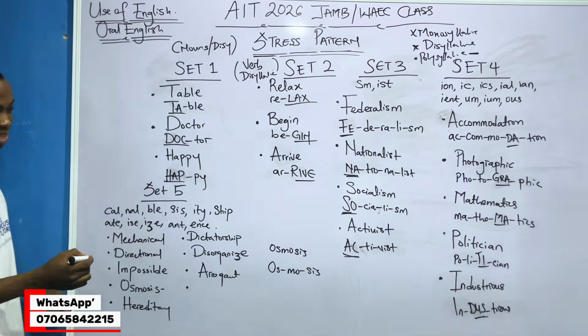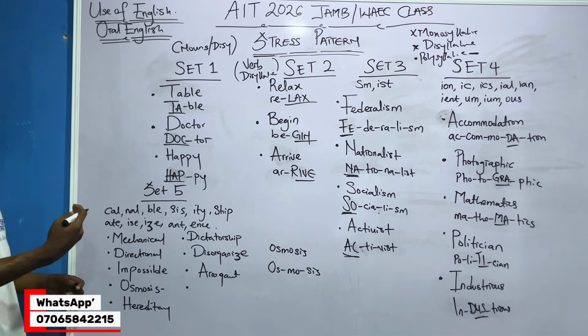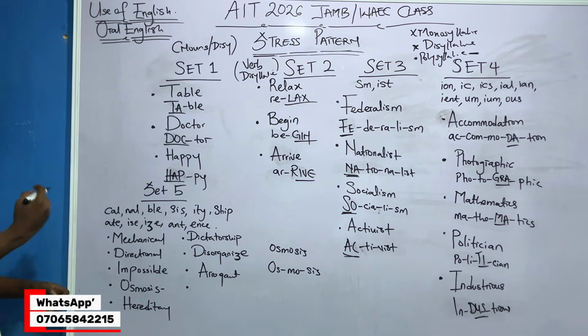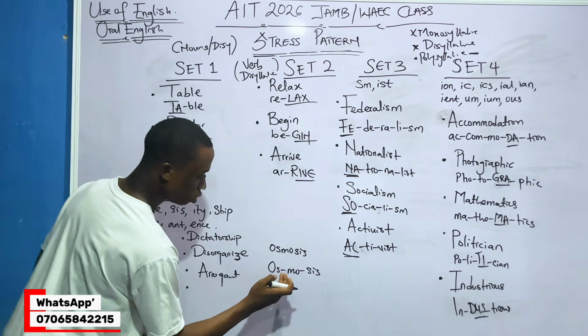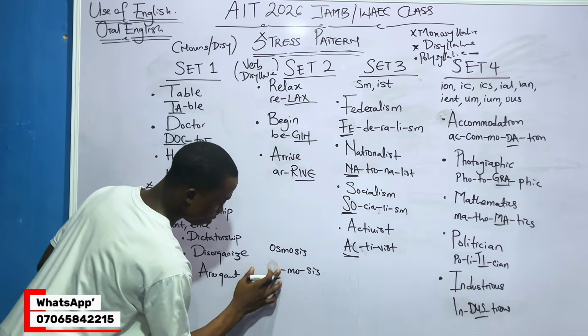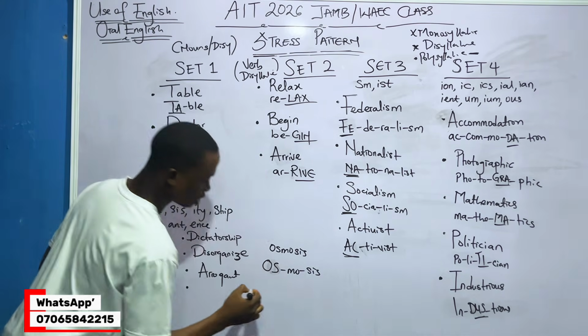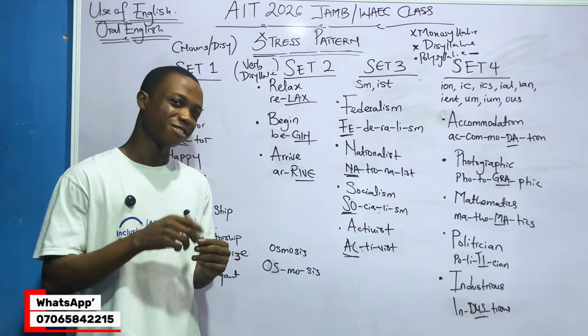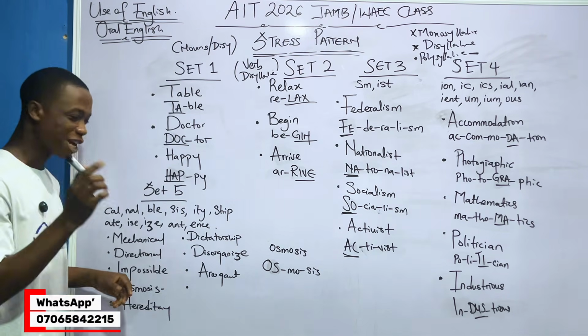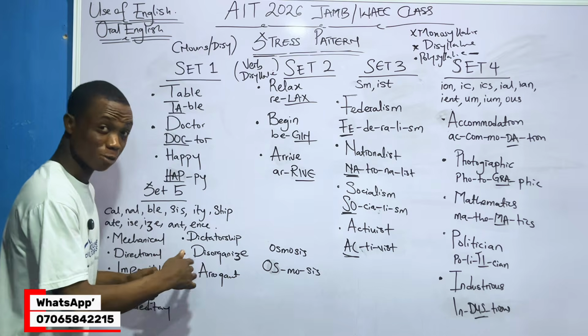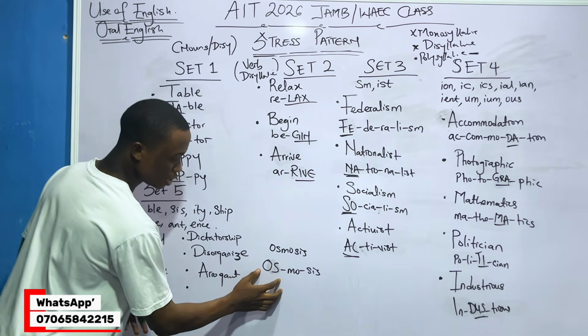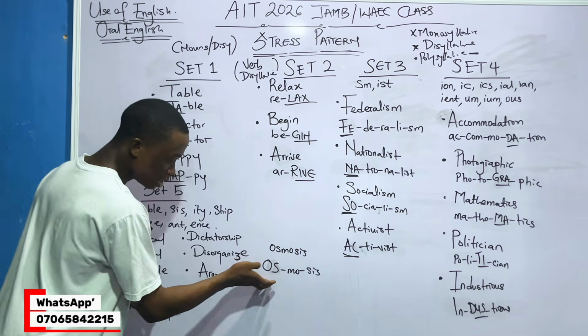So the stress is at the third. You count 3: 1, 2, 3. That third place is where the stress is. So 1, 2, 3, the stress is here. So it will now be OS. I will not say anything, but you know what I'm trying to say. Osmosis. You understand? You can see it is third.